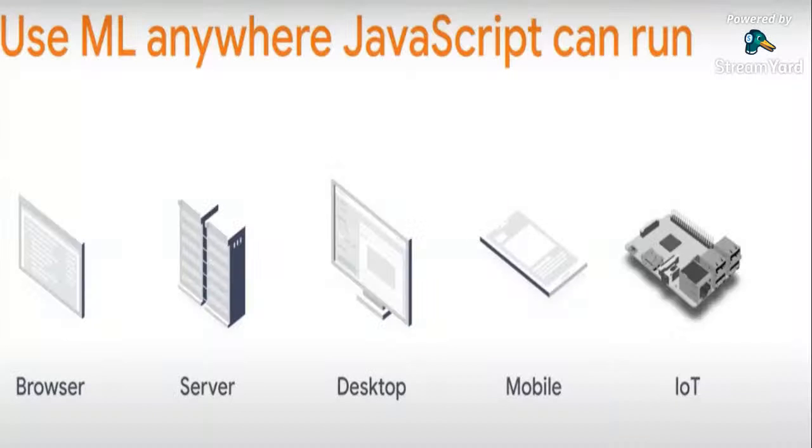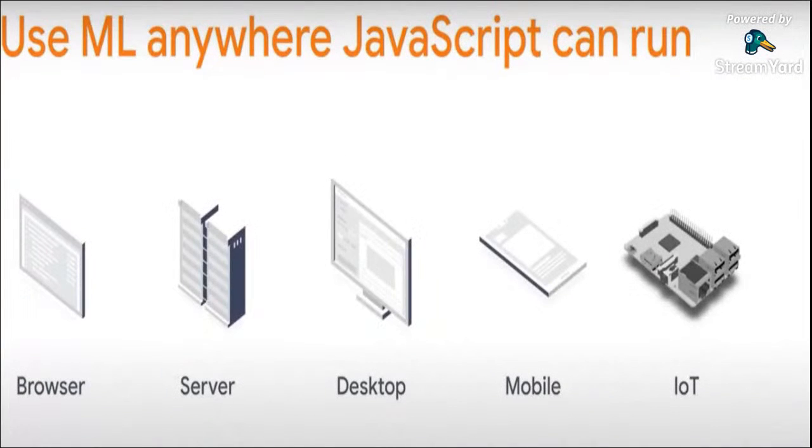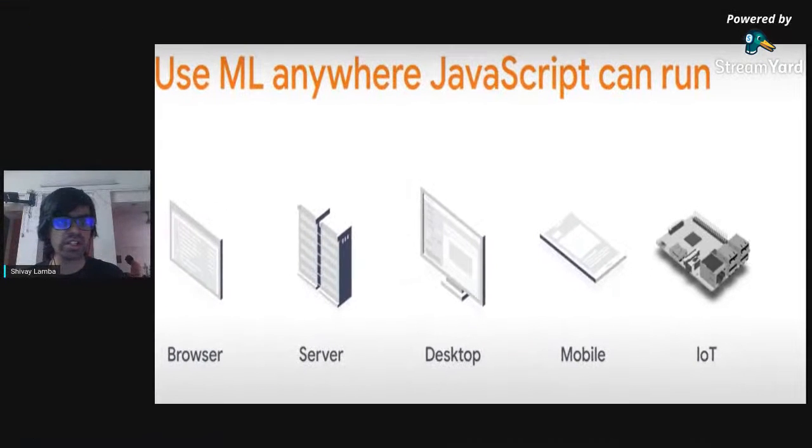Now coming on to the main part of it, which is TensorFlow.js. As I've already given an introduction about TensorFlow, TensorFlow in itself is an open source library that has been written in C++, and it has great support both for C++ and Python.